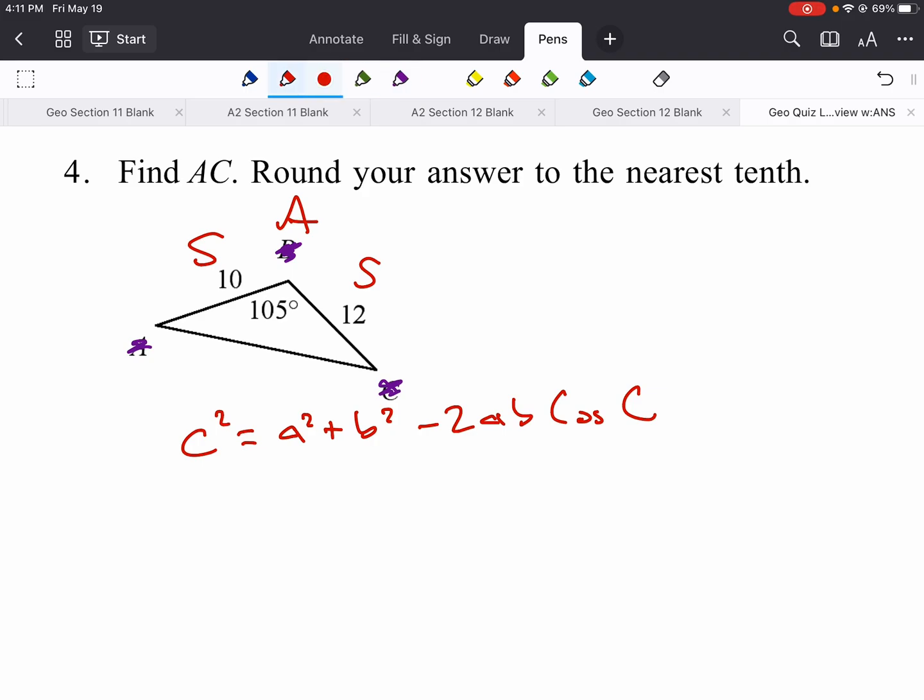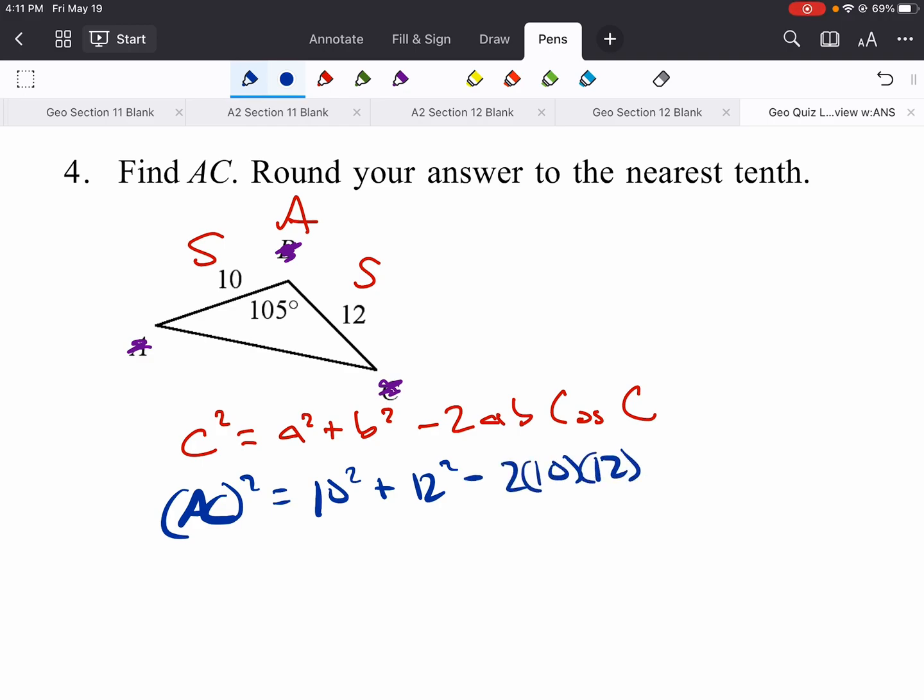That's the side we're trying to find. That's AC. Okay. I'll just write that AC squared equals A squared, well, that'll be 10. Doesn't matter which one you pick. Squared plus 12 squared minus 2 times 10 times 12 cosine of 105.